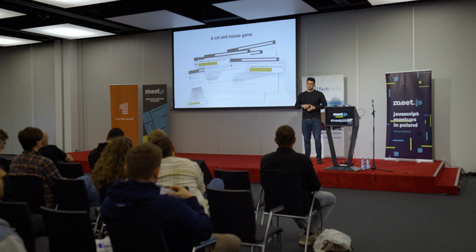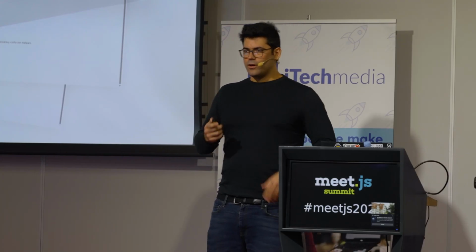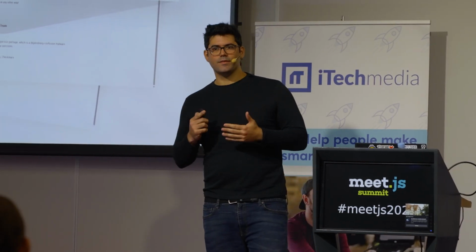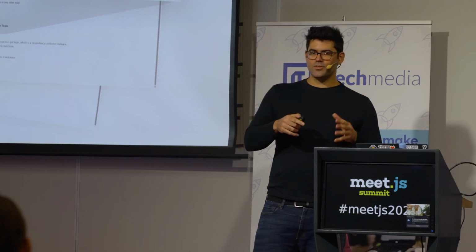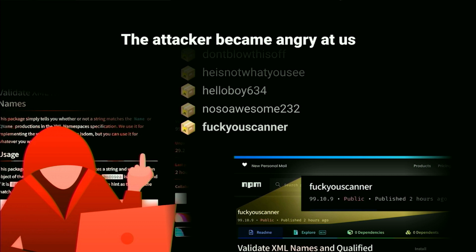At scale, we reported over 1,500 packages. NPM removed them one by one. At some point, these attackers noticed this and started creating messages to us using the packages' names. This is one of the names of packages we saw. They flipped us the bird, FU scanner.